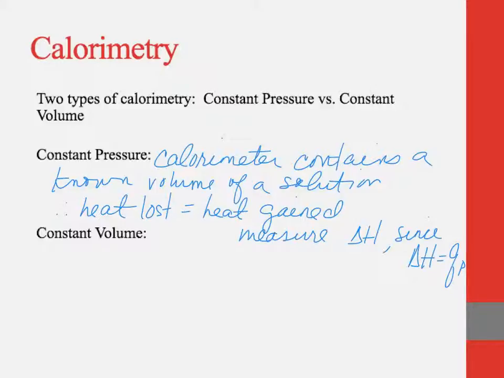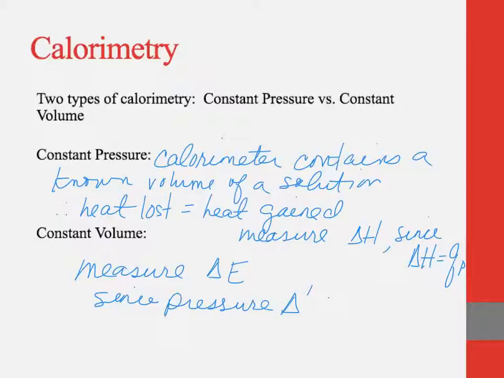All right, in a constant volume, we are going to measure delta E, since pressure changes and volume is constant. Okay, so I'm going to go through a couple of examples of each of these, and hopefully that will be helpful.